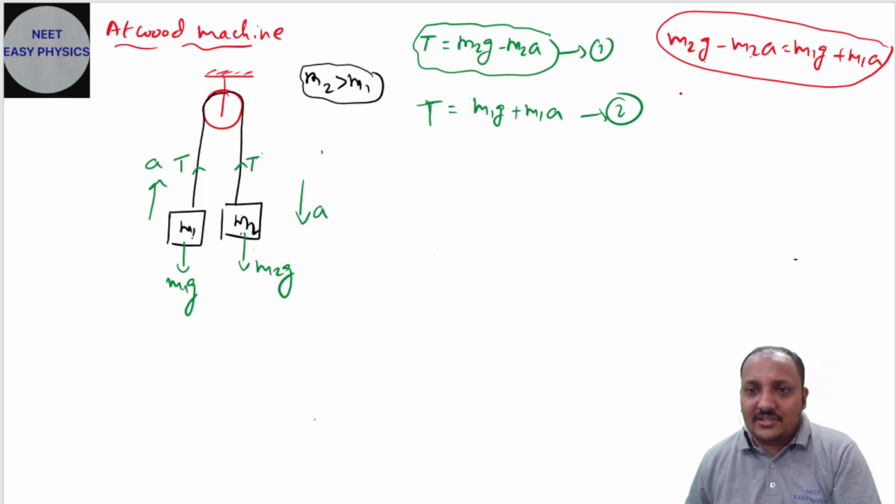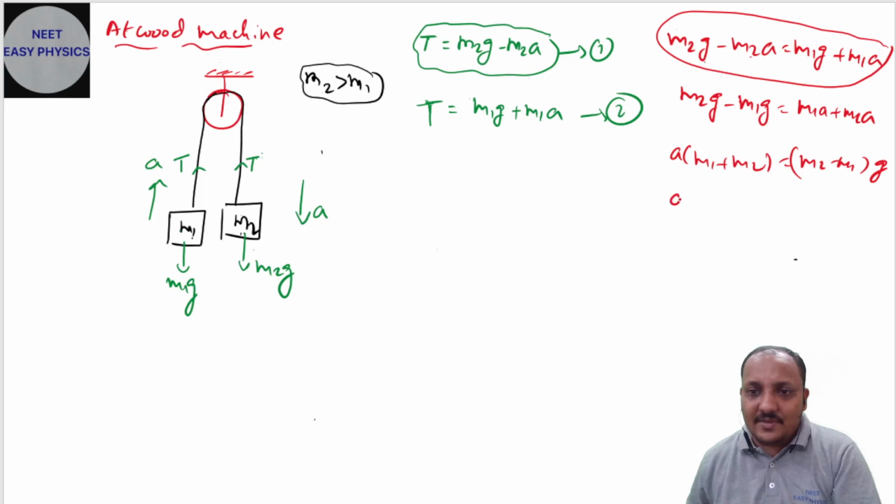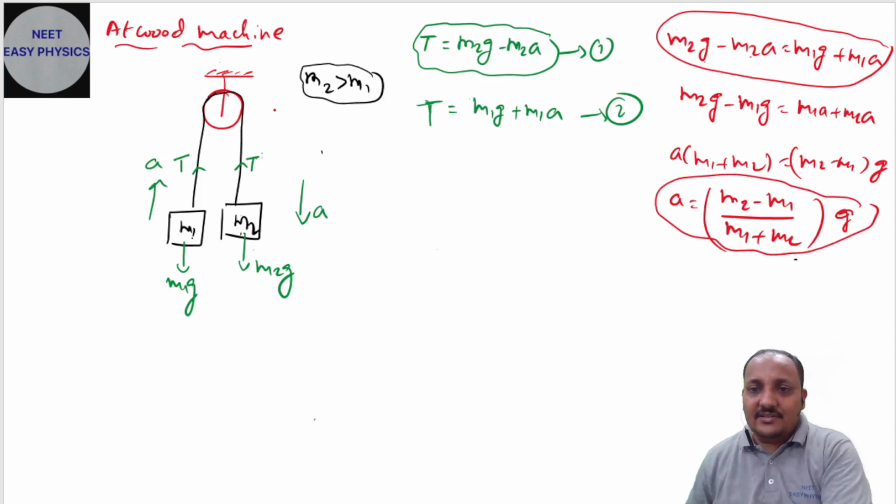If you rearrange this, M2G minus M1G equals M1A plus M2A. Taking A common, M1 plus M2 into A equals M2 minus M1 into G. So A is equal to (M2 minus M1) by (M1 plus M2) into G. This is the acceleration of these two blocks whenever the system is released.